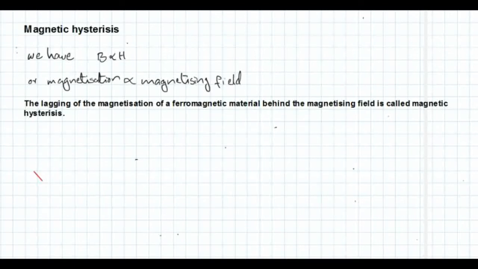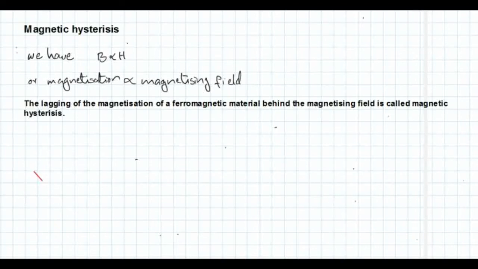But practically it is found that this magnetization lags behind the magnetizing field. If you apply a magnetizing field to magnetize a material, it is supposed that if you increase the intensity of the magnetizing field, the intensity of the magnetization should also increase. That is the meaning of this relation.